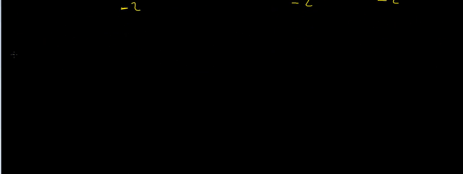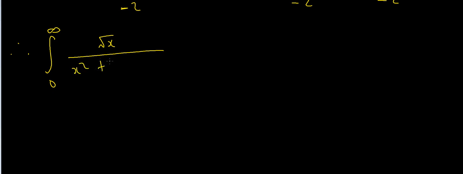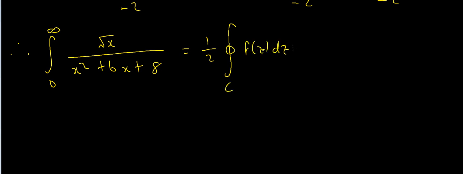So therefore, putting it all together, the integral from 0 to infinity of root x all divided by x squared plus 6x plus 8 is equal to, we showed that all the other integrals vanished, and the first and the third integrals combined into one, the integral over my contour C of f of z dz, and by the residue theorem, that is 1/2 times 2 pi i times the sum of the residues.